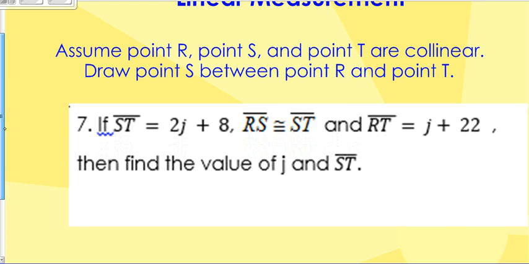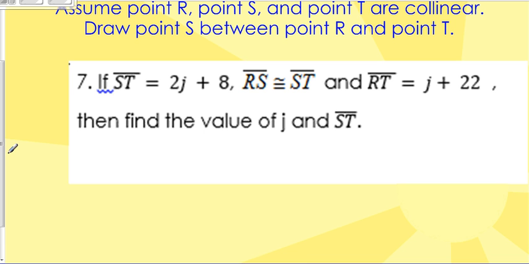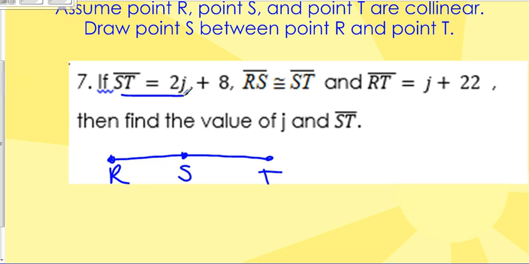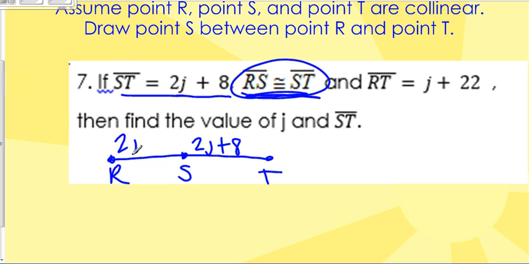All right, last example here. We have still again drawing point S between R and T. So I'm going to put R and T on here with S somewhere in the middle. It tells me from S to T is 2j plus 8. Then it tells me again that they're congruent. So that means R to S is also 2j plus 8.